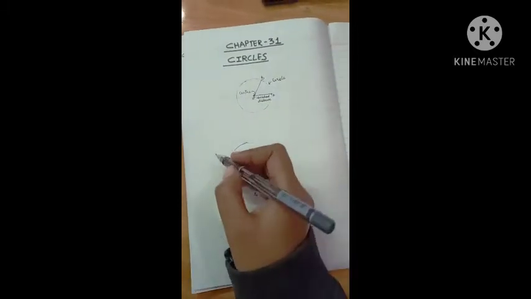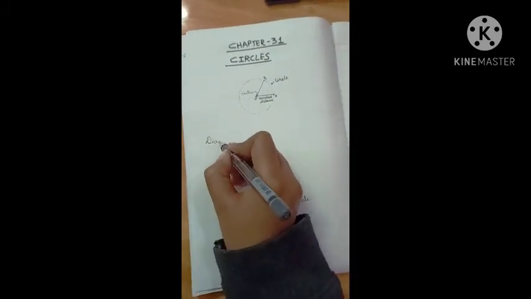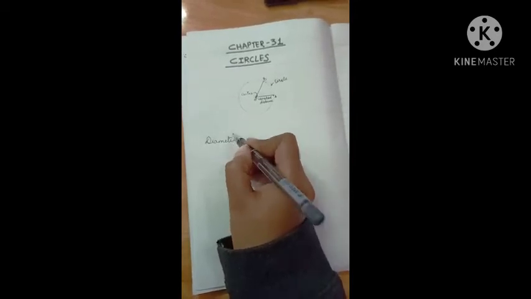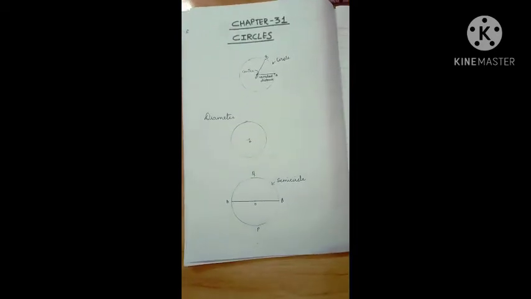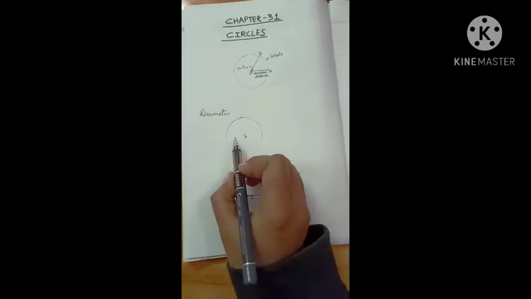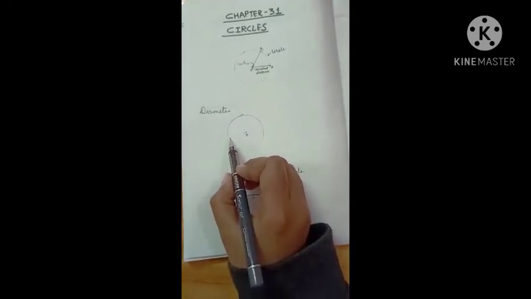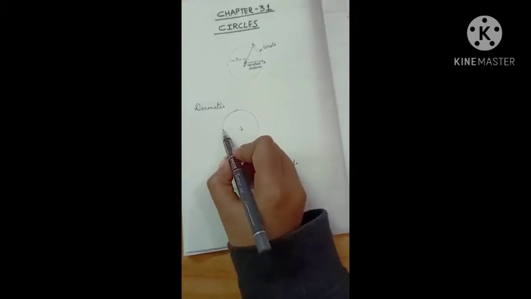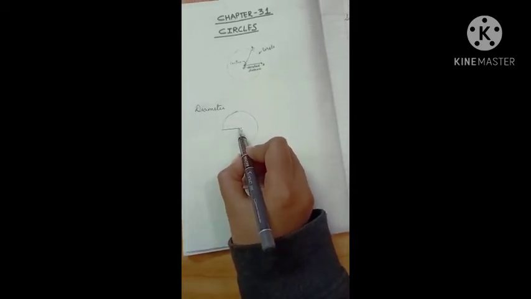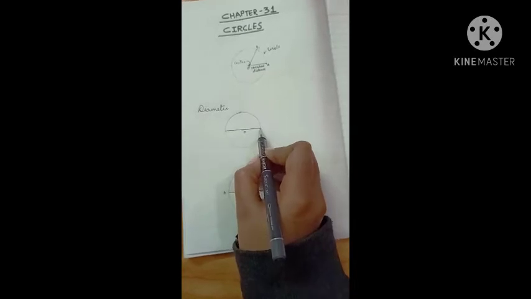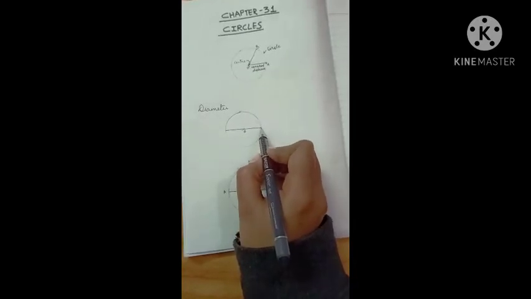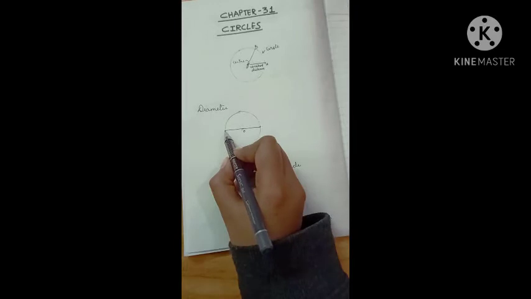What is diameter? Diameter is a line segment which passes through the center of a circle and has its end points on the circle. Suppose this is the line and this line passes through the center, and you can see that this line has its end points on the circle.